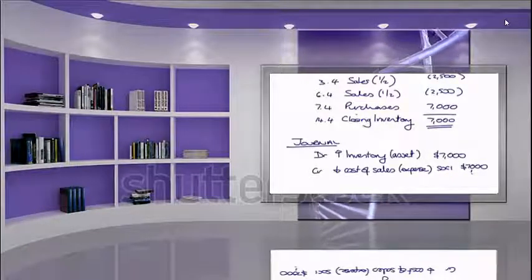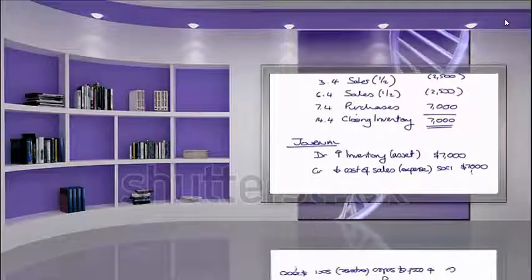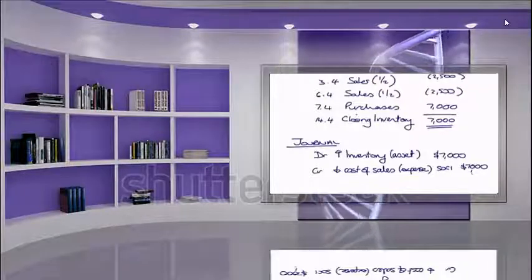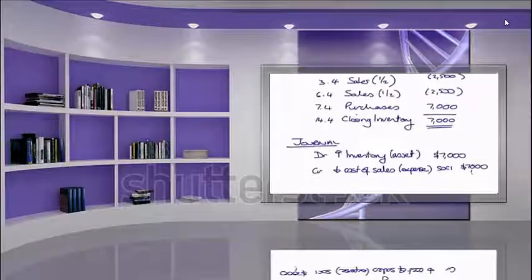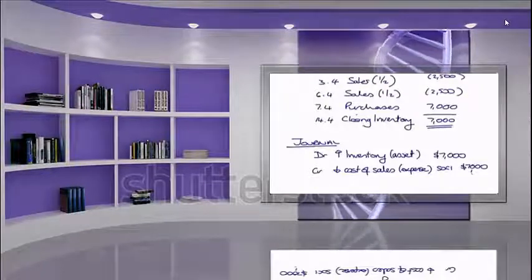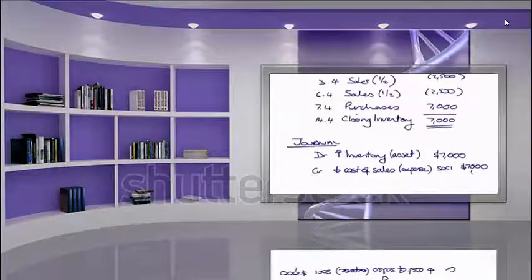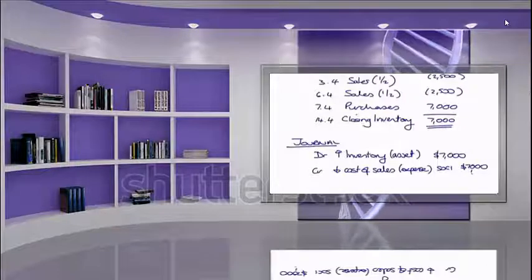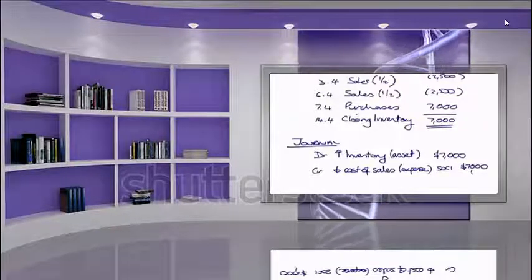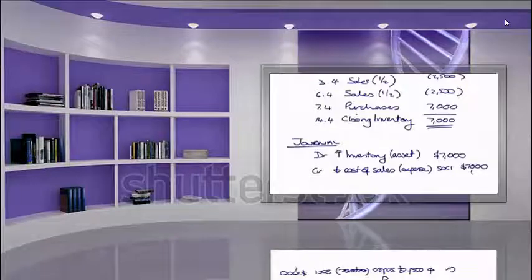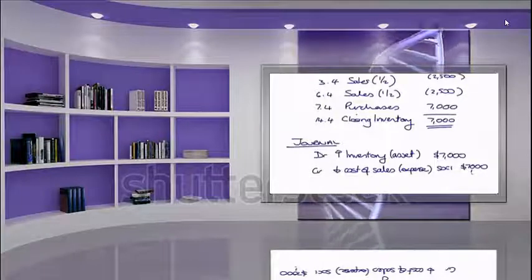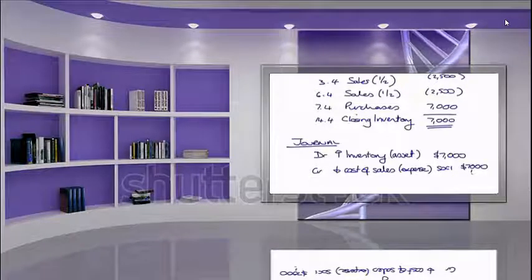Now, we have to think about this principle of matching or accruals, again, as we saw earlier on. We must match everything that we earn to everything that we incur. We must match our sales income to the cost of generating that income. Well, the cost is going to be based on only the goods that have been sold.